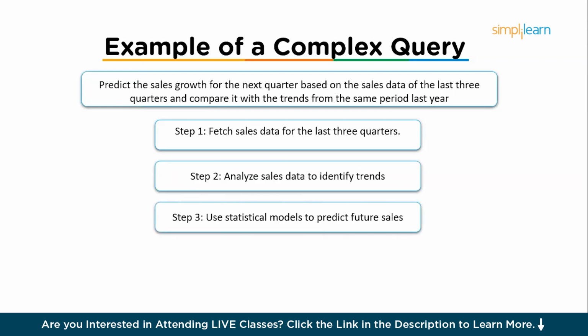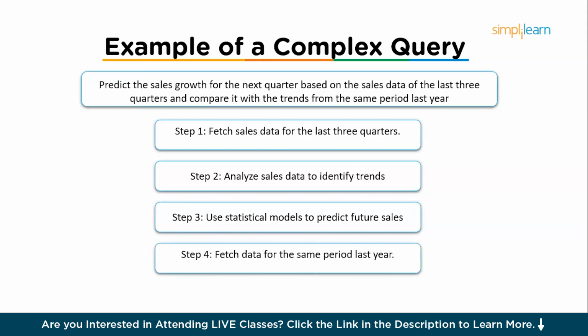Step 3 is to use statistical models to predict the future sales. Then step 4 is to fetch data for the same period last year. And finally, compare this year's prediction with last year's performance. So the agent would need to intelligently move through each step, adjusting based on new information and potentially revisiting the earlier steps if the data is not sufficient.